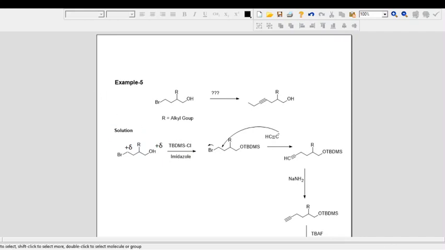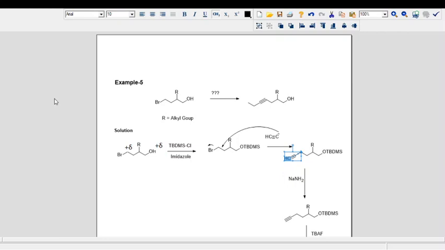Starting from our starting material, we have moved towards its protection. Then incorporation of this terminal acetylide group here. Once it is incorporated, we want the replacement of this hydrogen with ethyl.